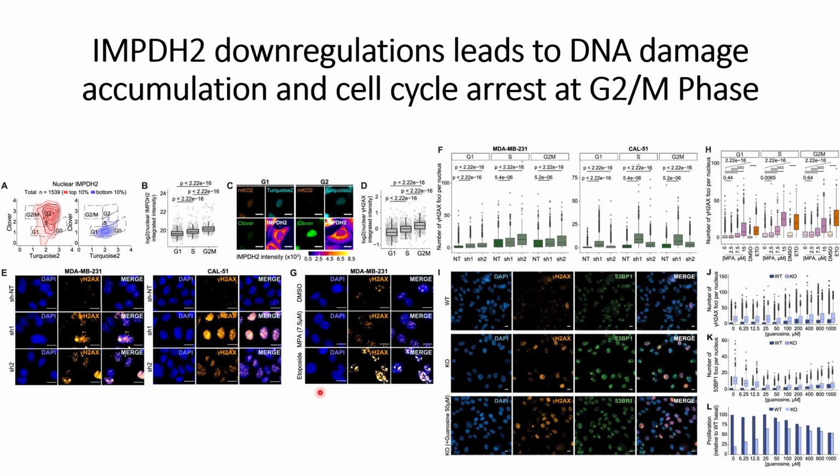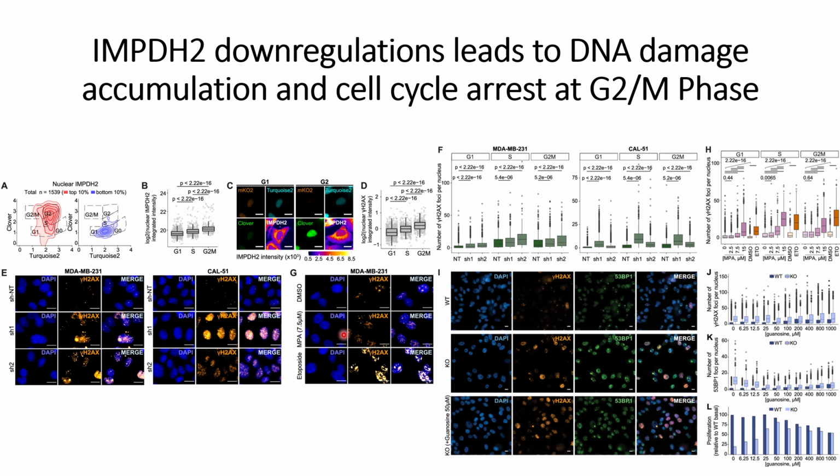And after confirming that silencing IMPDH2 will cause more DNA damage, they again checked it using a different approach where they knocked down IMPDH2 using CRISPR-Cas9, and thereafter they check the DNA damage.